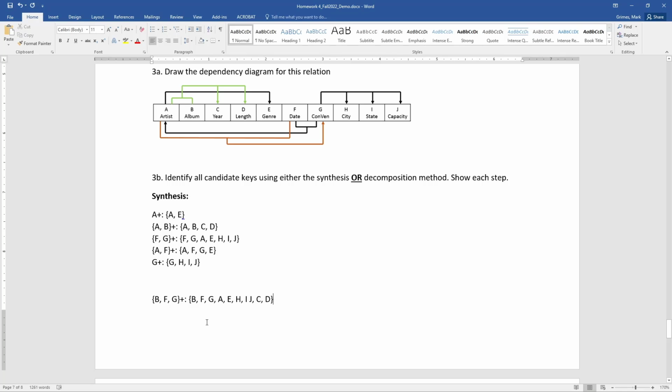So the closure of BFG is A, B, C, D, E, F, G, H, I, and J. So that is all of our attributes. So that is a good candidate key.